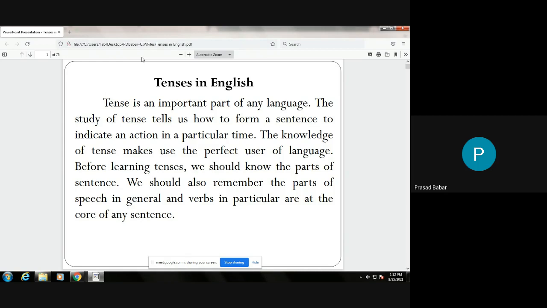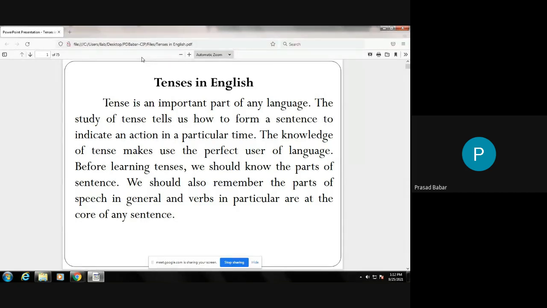For showing an action that happened in the past, we generally use the past structure of the tense. For showing actions that will be happening in the future, we use the future tense.